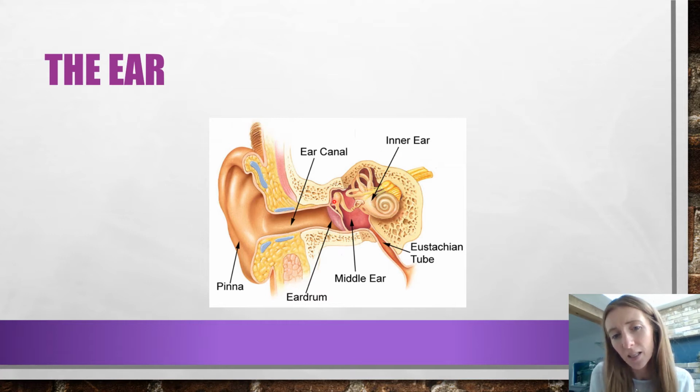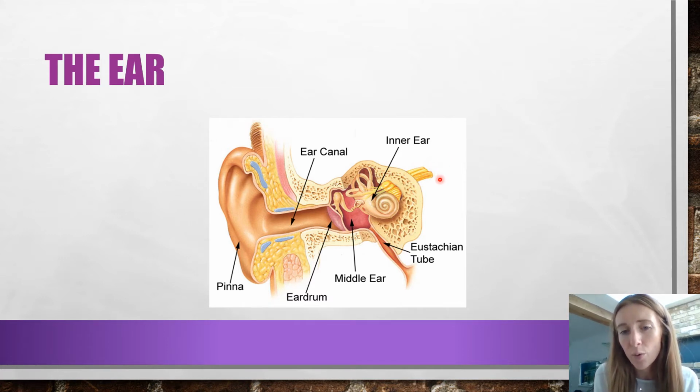And this structure that looks like a snail is the inner ear. It's also got another name called the cochlea, just in case you've heard of that as well. And that sound travels into the cochlea and then eventually up to this nerve. So this is called the auditory nerve, and that travels into our brains, and that helps us understand what the sound is.